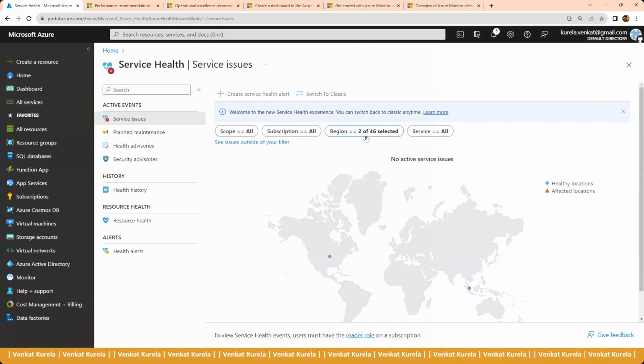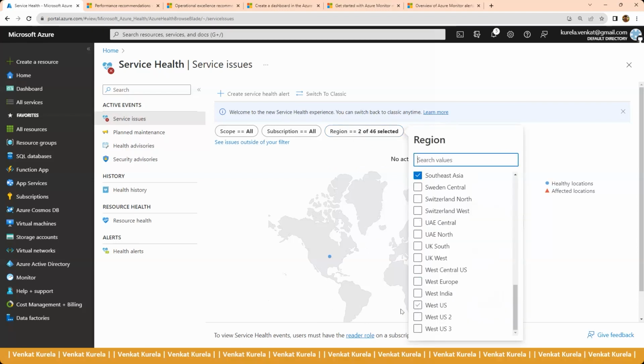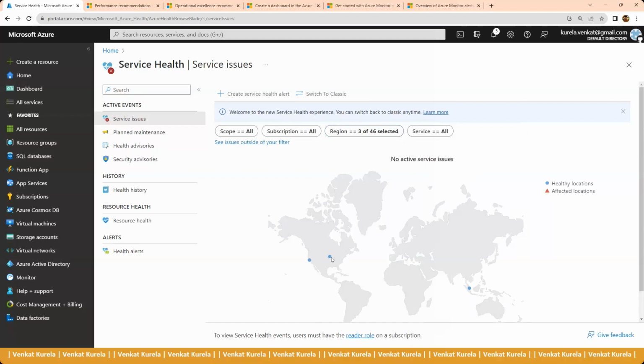So Central US and Singapore, you see, they are far DR. One is Singapore, the other is US. Maybe I'm also including West US because one is near DR, the other is far DR. So these are the 3 regions that we are using. Out of 46 regions, only 3 regions we are interested in.